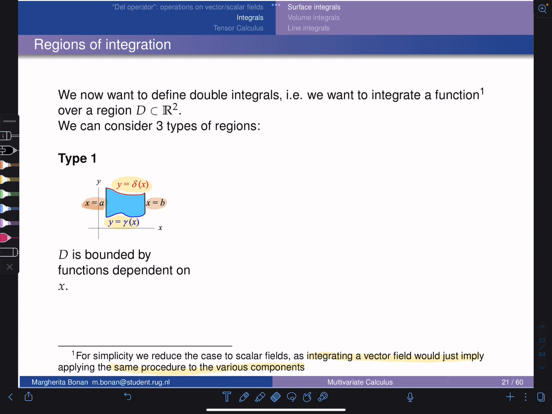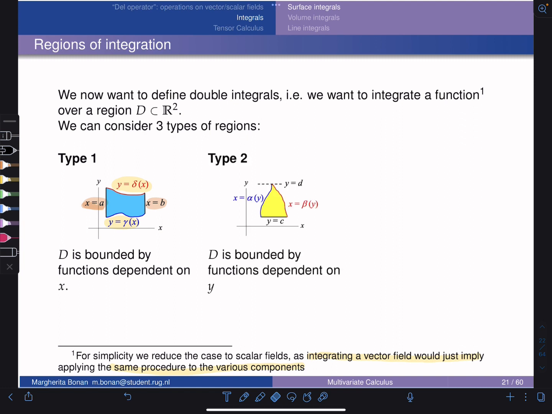Then we have the second type of regions, a region D that is bounded by functions that are dependent on y. Here it is the opposite: the bounds are dependent on y instead of on x. The third region, type 3, is a combination of a region type 1 and type 2.